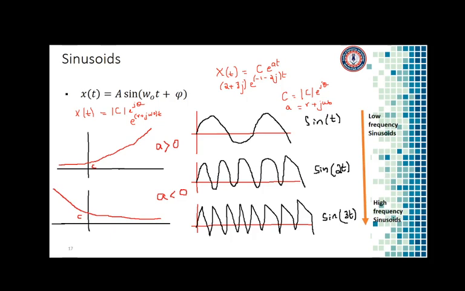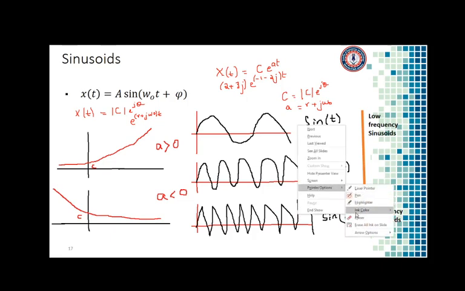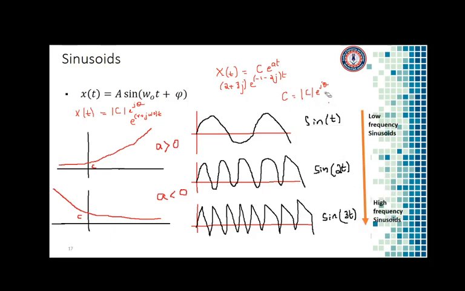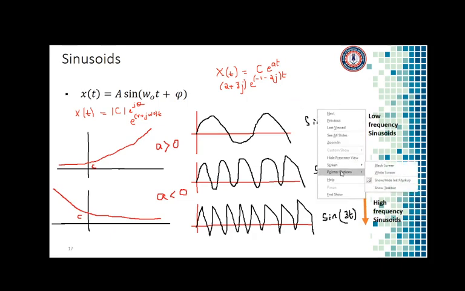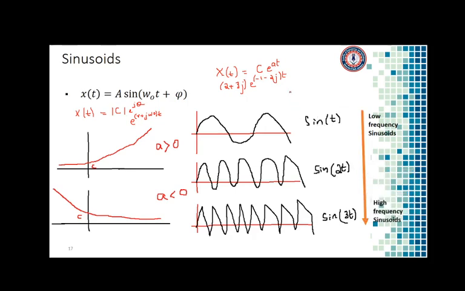So purely real stuff is, okay, let me just create a space. The real stuff can be written as the absolute value of c e to power rt.